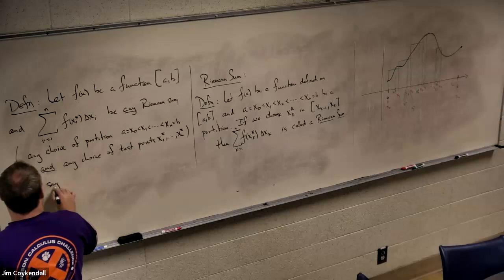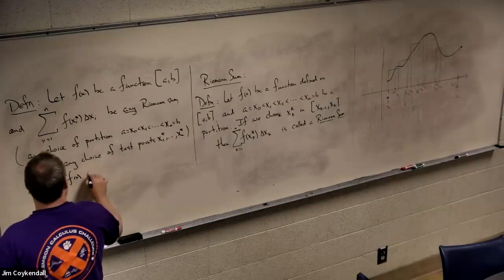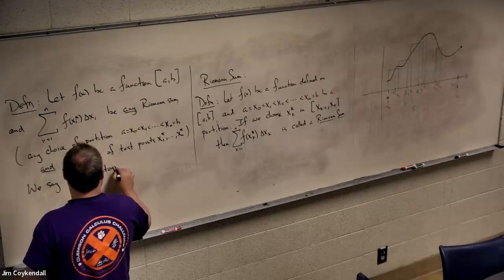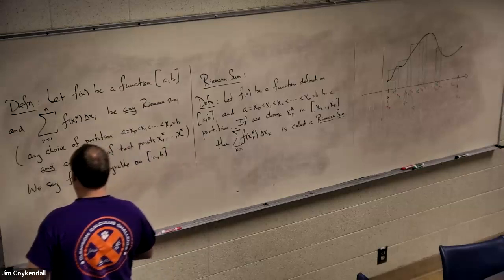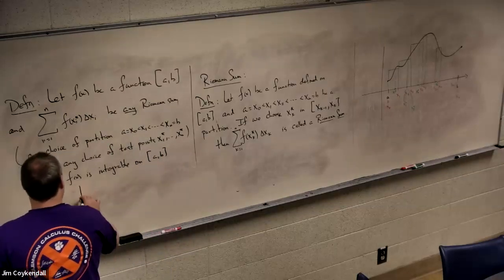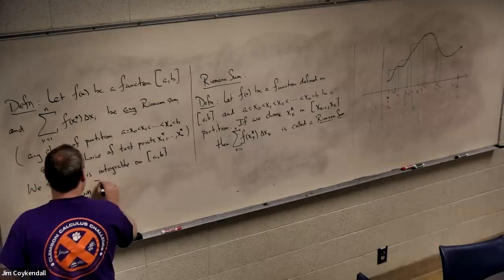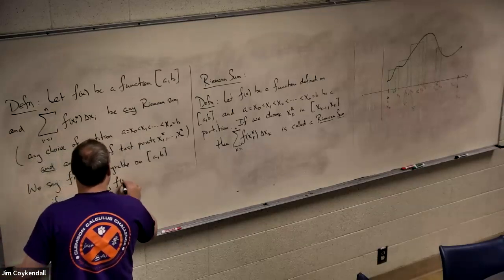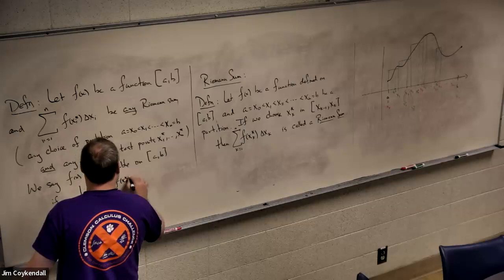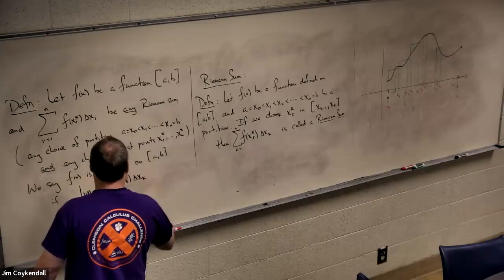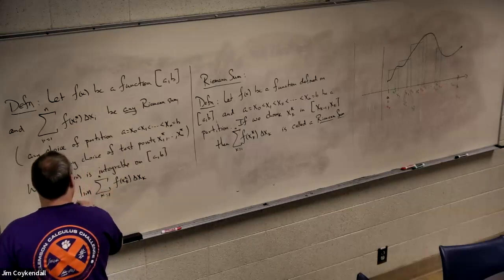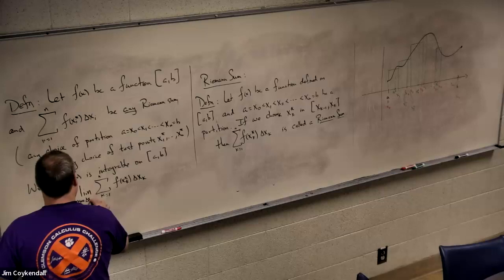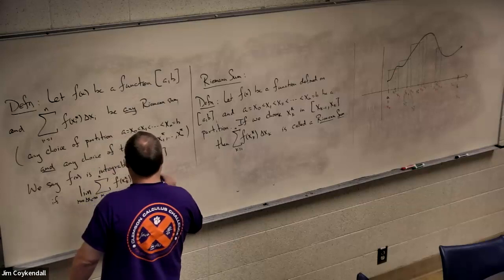We say f of x is integrable on [a, b] if the limit of the Riemann sum exists.